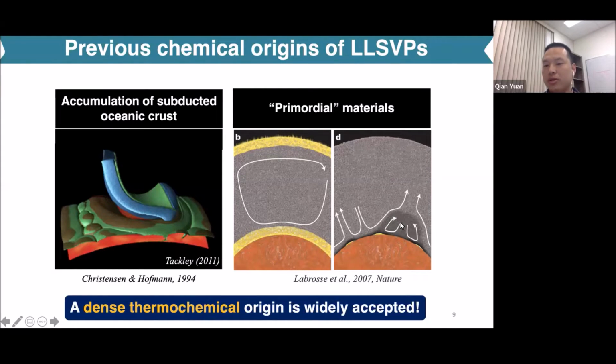In this way, you can form the LLSVPs. Also, if some remaining melt from this magma ocean is left, it may be similar to the ultra low velocity zones, which people have been arguing may be partial melt. So this is a fantastic study that has been very influential in the community.